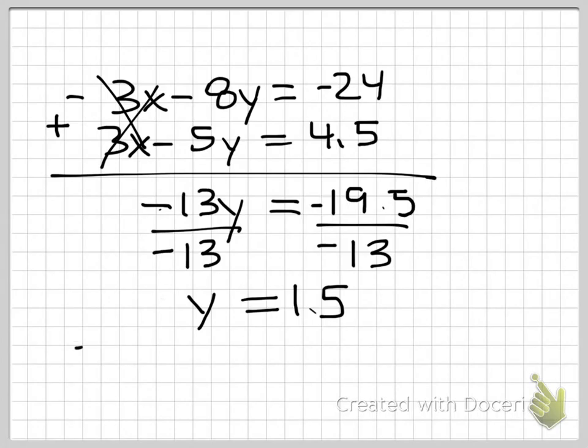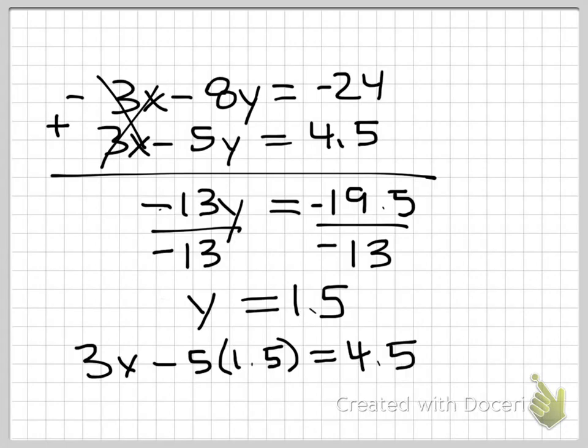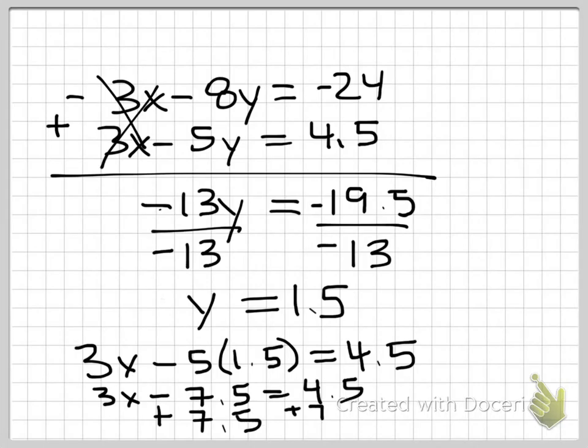And I'm going to take that one and plug it into y for either of the equations. Let's take the second one. And solve for x. So 5 times 1.5 is 7.5. So I need to get x by itself.